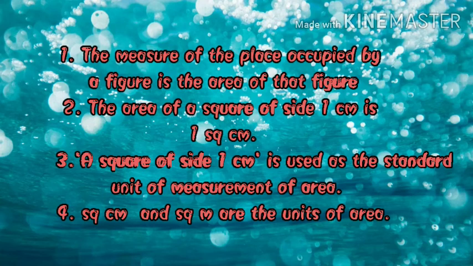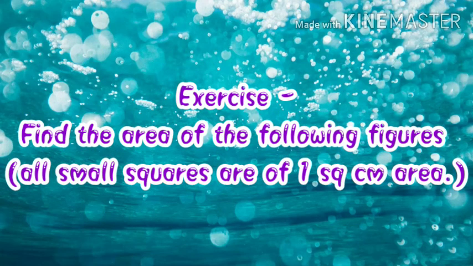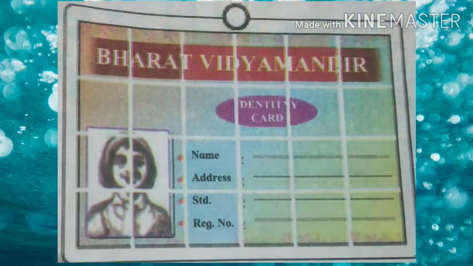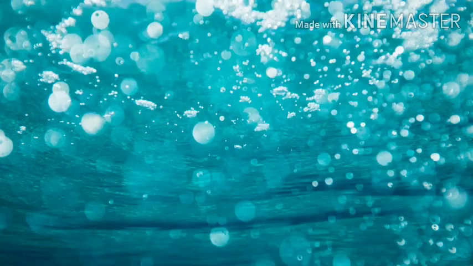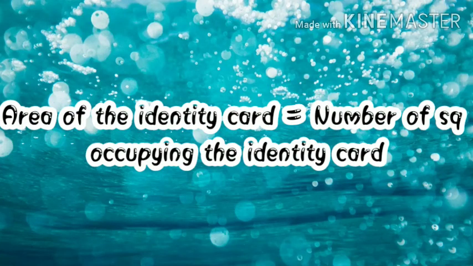Okay, students. Now, solve the exercise. Find the area of the following figures. All small squares are of 1 square centimeter area. First, let us see this identity card. Well, you know that area of the identity card is equal to the number of squares occupying the identity card.